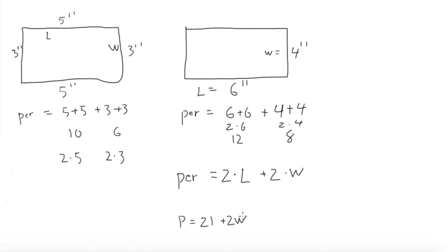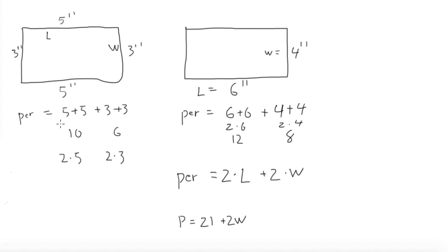Now, what we would call this right here, and this right here, and this right here are variables. They vary, they change. And we can see that is true. This changed from a 5 to a 6. What else changed?